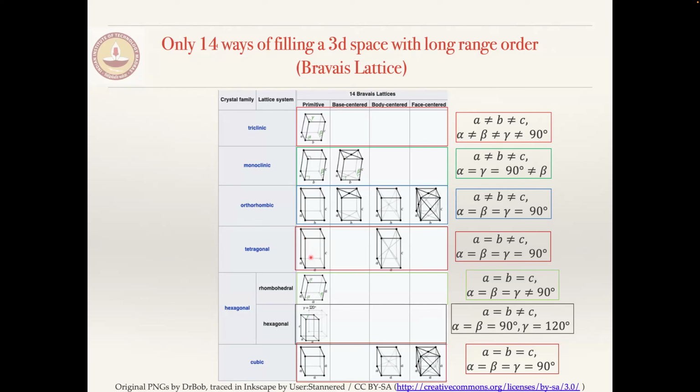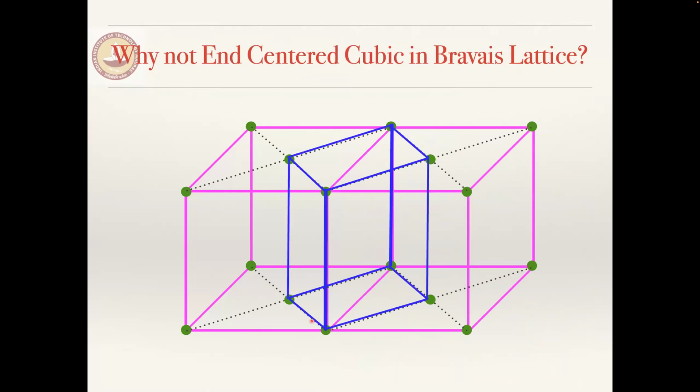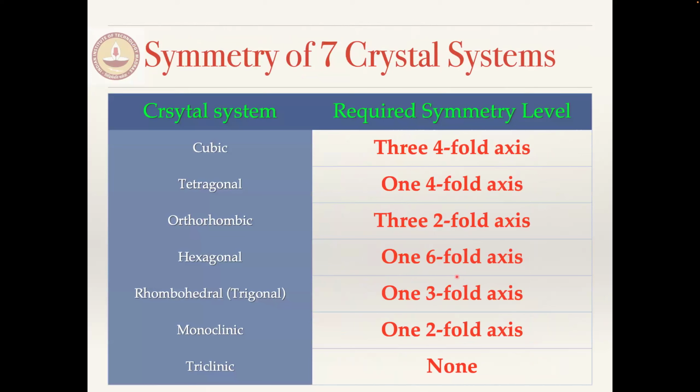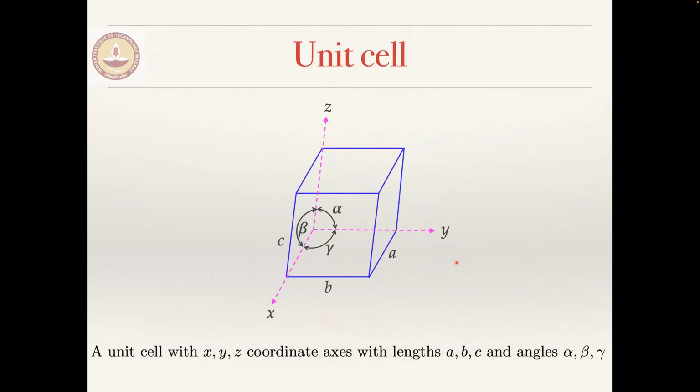Yes, sir. But now let us look at rotating about this line. For hexagon, you just need to rotate by 60 degrees, and it will occupy the same points, but that happens only about one axis. That is why hexagon has a 6-fold axis, one 6-fold symmetry. Okay. Got it, sir. Thank you.